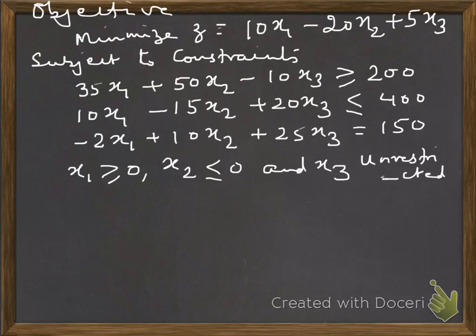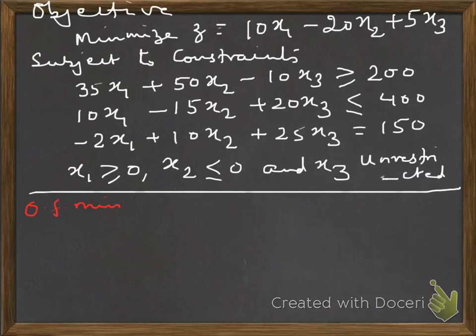So let us do the substitution and rewrite these equations or inequalities. Our objective function is minimize z equal to 10x1, which is okay.